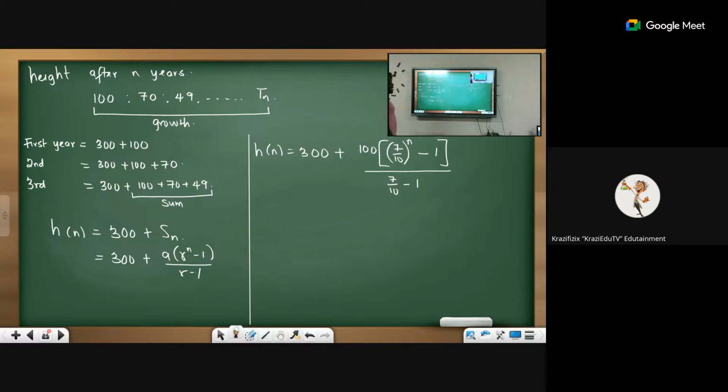I don't know if that makes sense as a formula. Does that make sense? Let me know if that makes sense. All right, just give me your responses quickly.